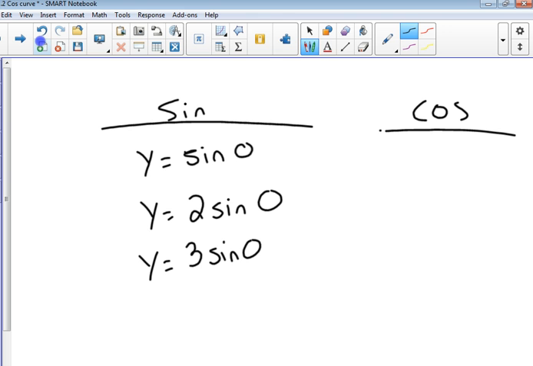Put your calculator back in degree mode for this if you're going to test this out. You're asking, well, why when there's numbers in front, do you still start at 0? So if we type in all 3 of these, see what you get as your answer. Make sure it's in degree mode though.